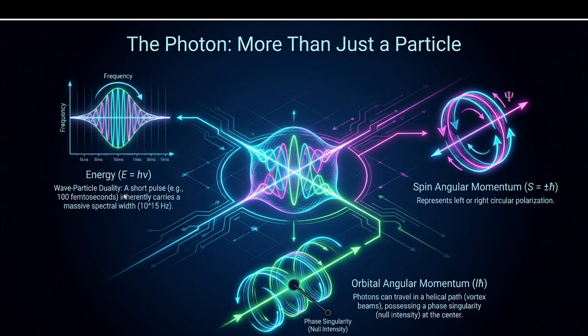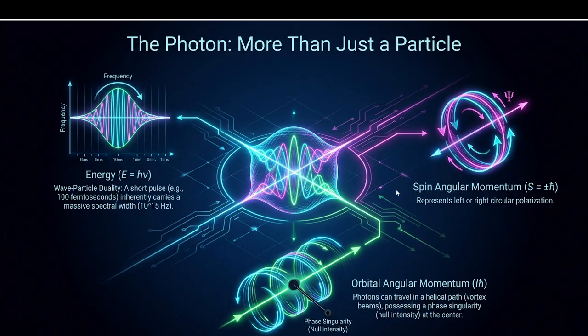Due to wave-particle duality, a short pulse of 100 femtoseconds inherently carries a massive spectral width of 10 to the power 15 hertz. So you can see that in a few femtoseconds the frequency spread, the spectral bandwidth, is massive.